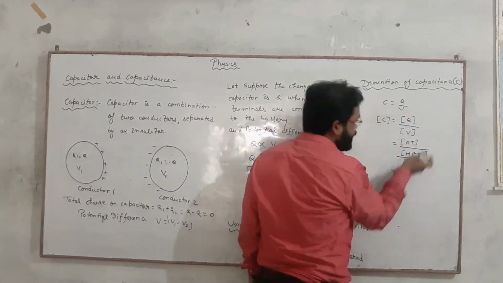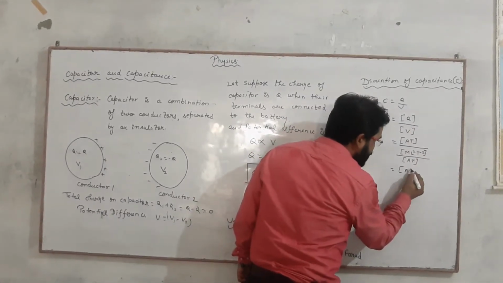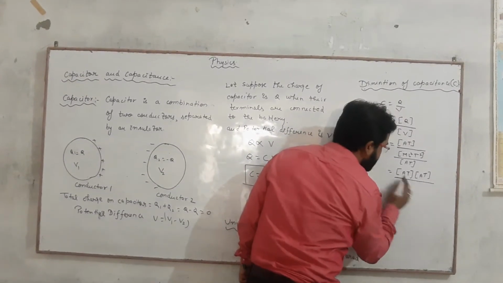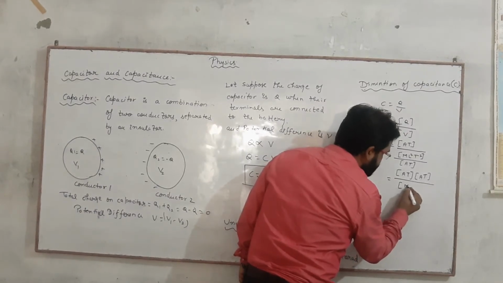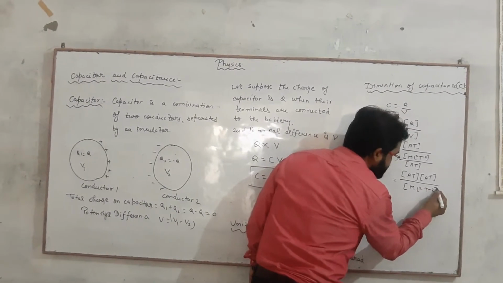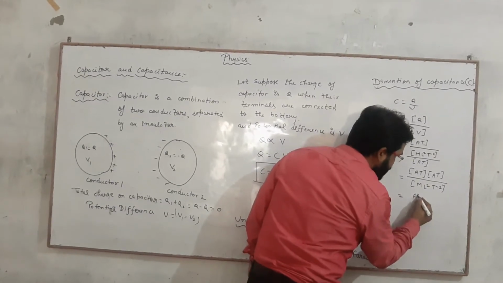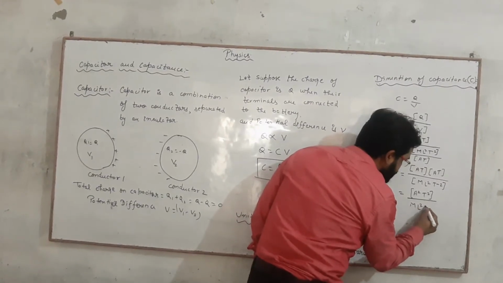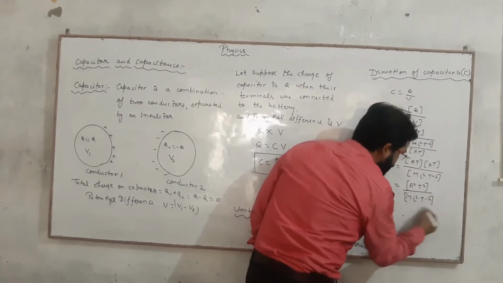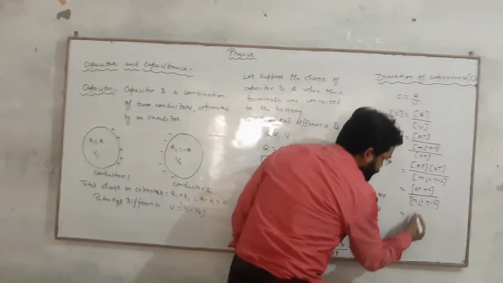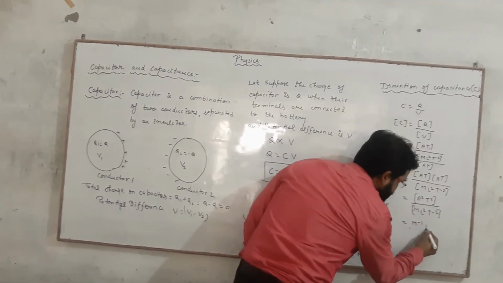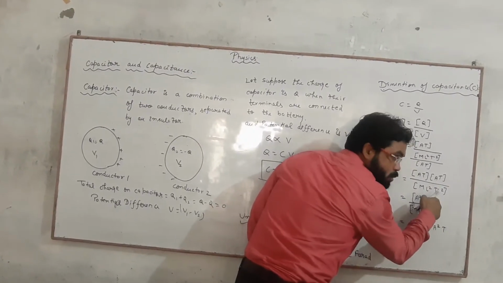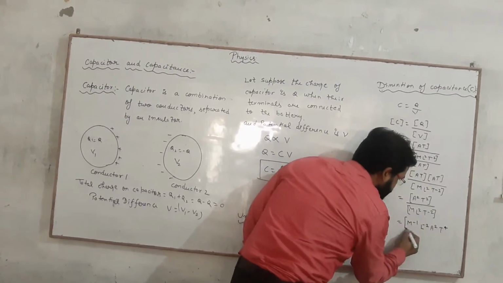So it will be AT into AT upon ML²T⁻², so it will be A²T² upon ML²T⁻². Now it becomes M⁻¹L⁻²A²T², and T² times T² gives T⁴.